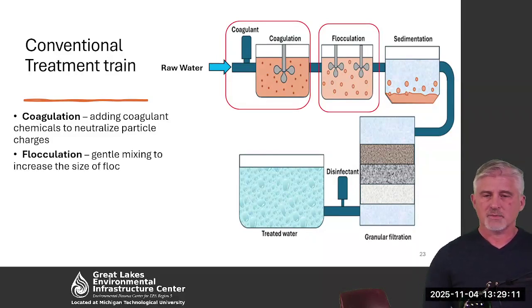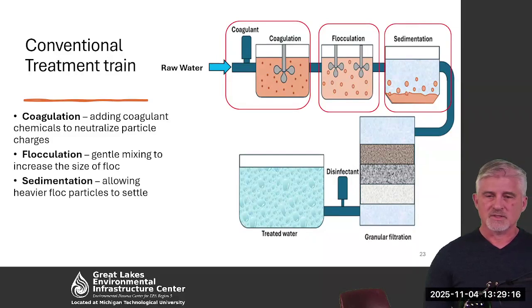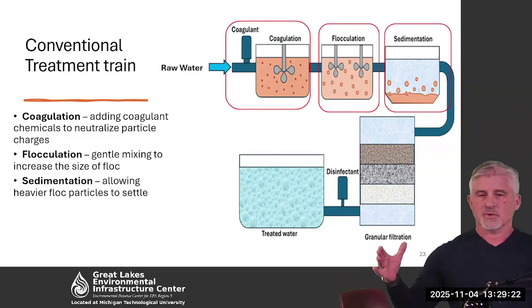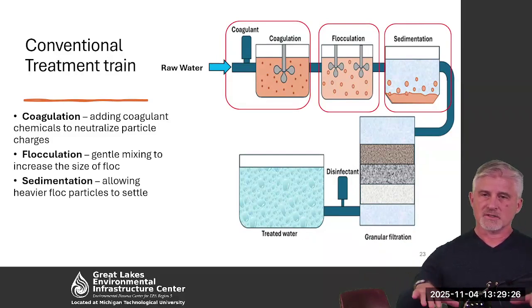Our next step is sedimentation. With sedimentation, we widen out and slow our flow down so that those particles go really slow and just settle out, dropping to the bottom.